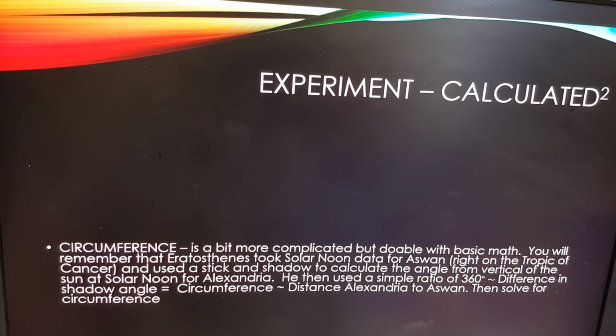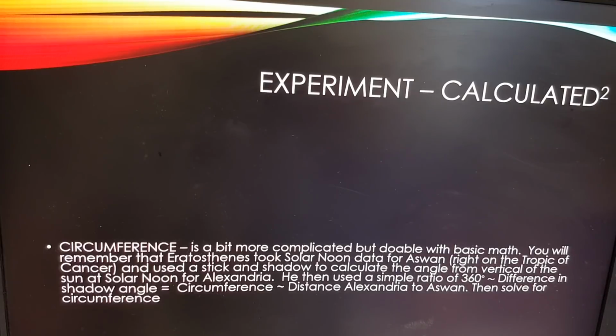And the last thing, this is going to be a little more complicated to get, as Eratosthenes did, but it's still doable with just basic math. So no fancy hand waving here.